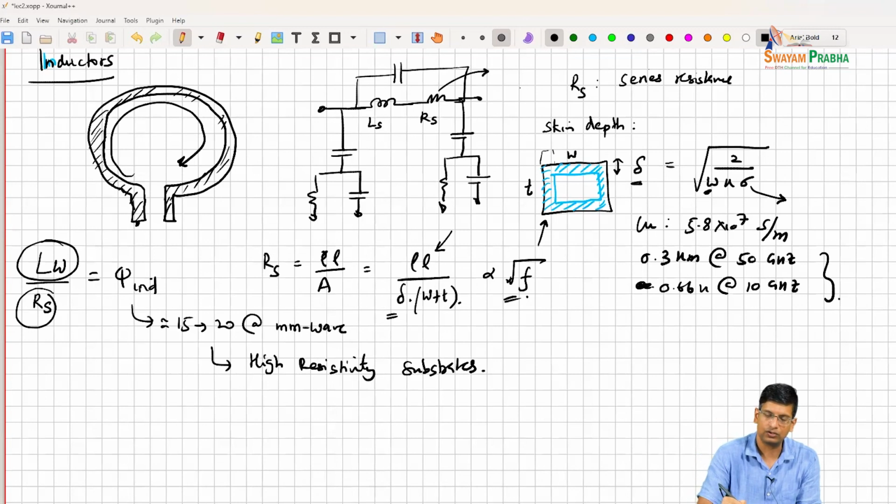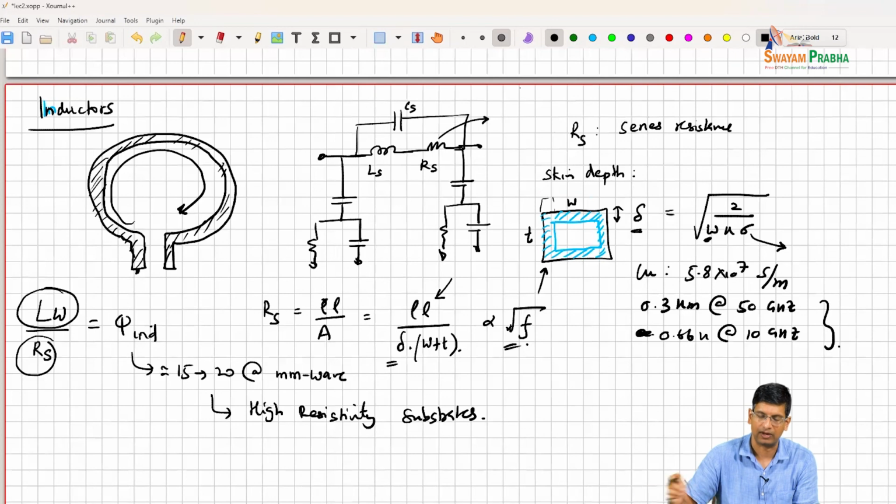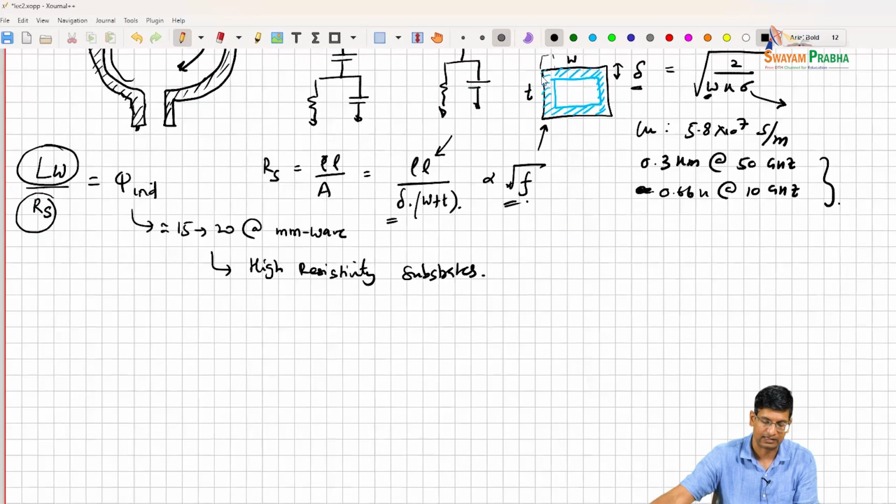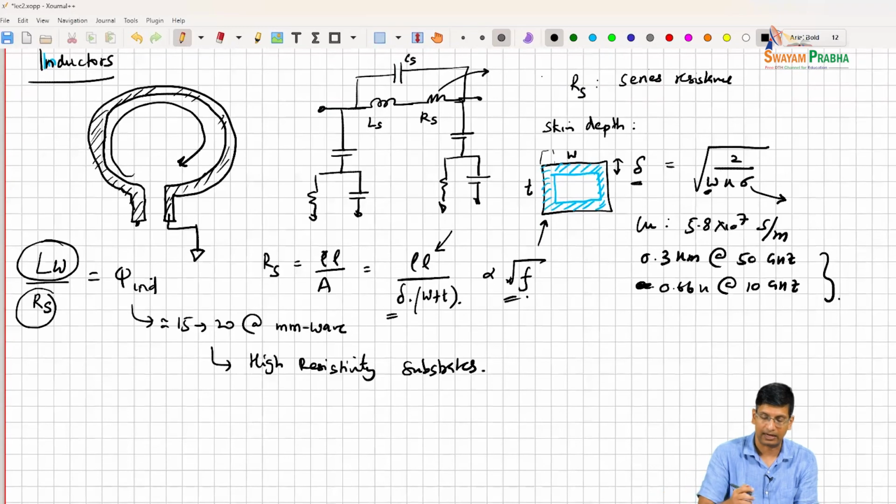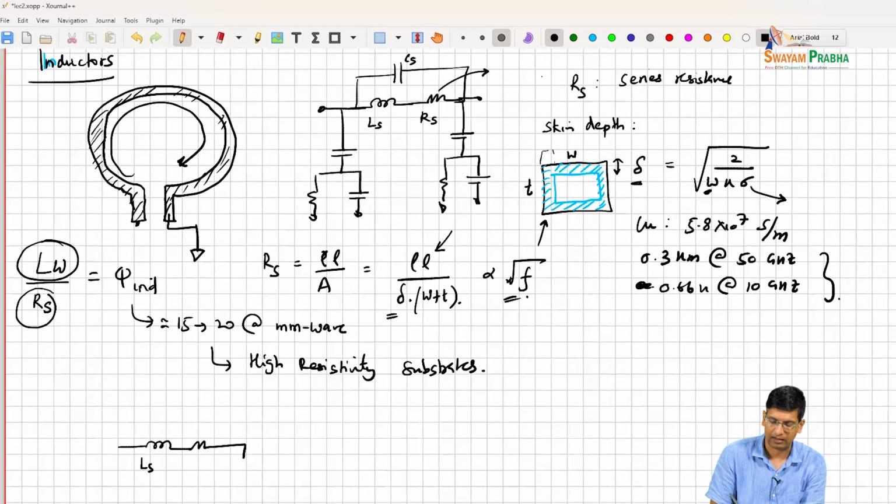But you should also remember that this CS matters. For example, if I am operating this inductor as an inductor where my model is that this side of the inductor is connected to ground, then I'm basically having an LS, an RS connected to ground, and then I have a CS that is also connected to ground.